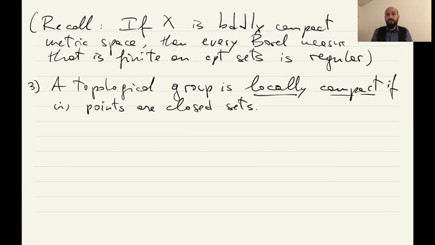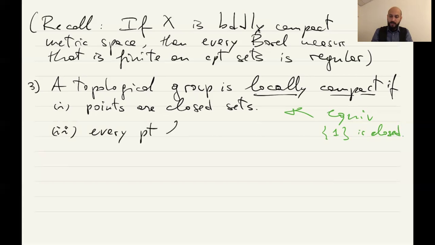And equivalently, one can say that 1, the identity element, is closed. Two, and this is the very important assumption, that every point has a compact neighborhood. So every point is contained in the interior of a compact neighborhood.